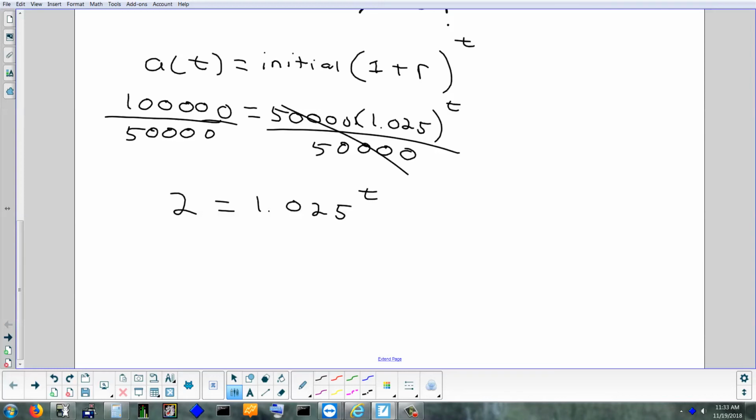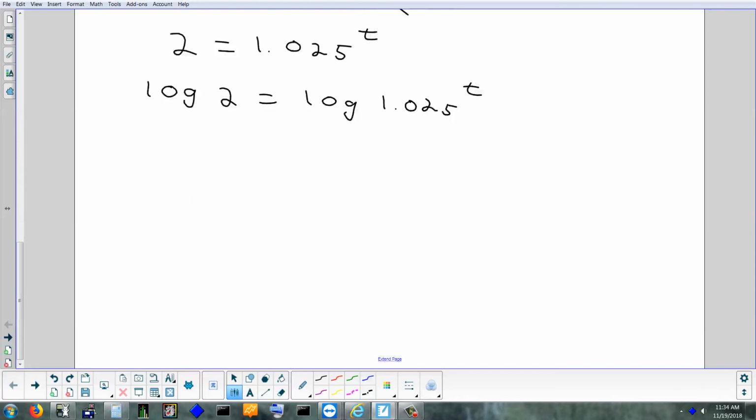So just like you can take the square root of both sides, you can take the log of both sides. So log 2 equals log 1.025 to the t. Now you can put the t in front.